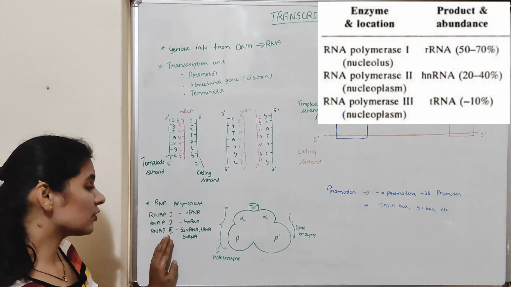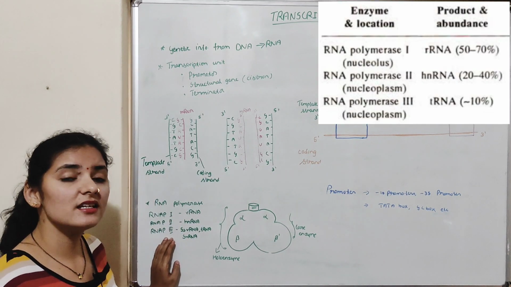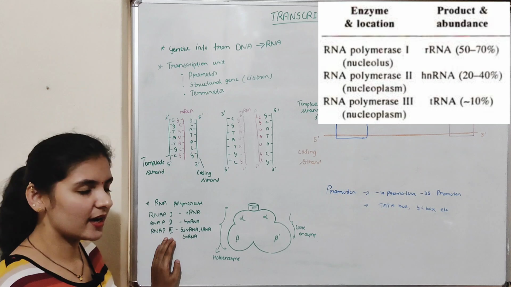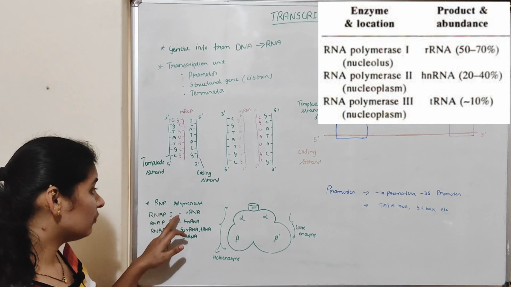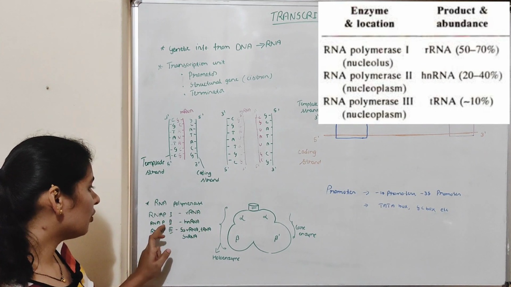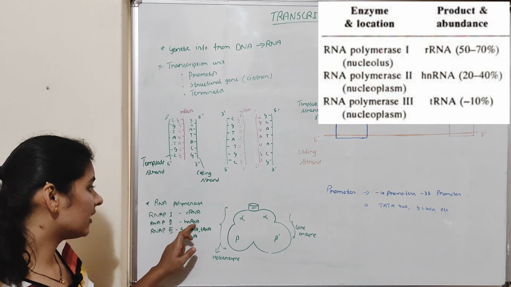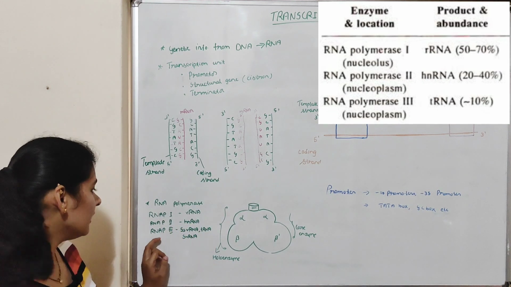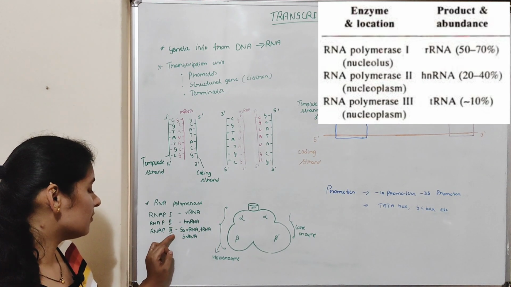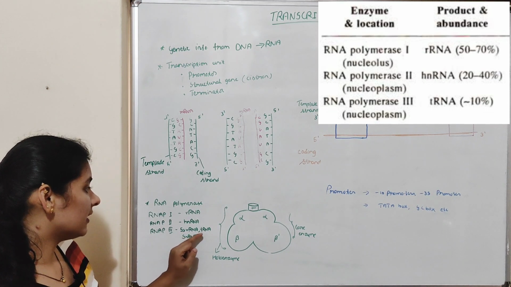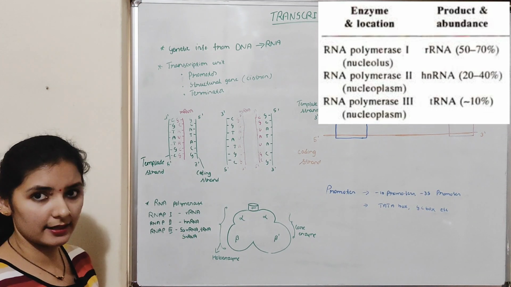These three different types of RNA polymerase have the ability to produce different classes of RNA. RNA polymerase 1 will produce rRNA, RNA polymerase 2 will produce hnRNA or precursor mRNA, and RNA polymerase 3 has the ability to produce 5S rRNA, tRNA and snRNA.